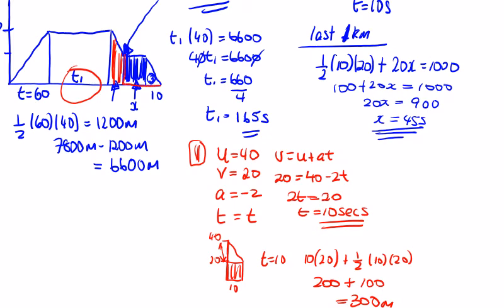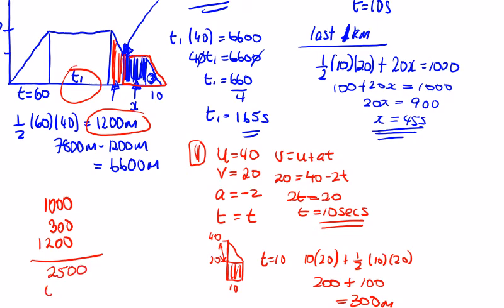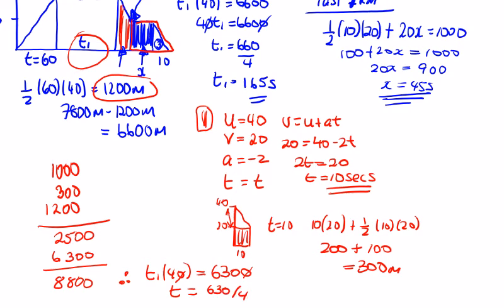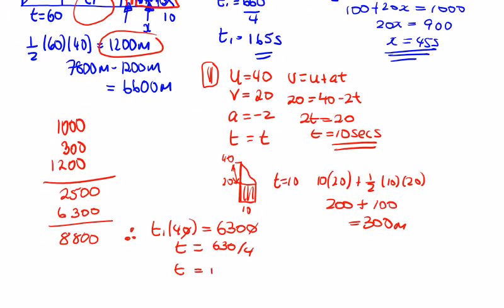The last 2 sectors was a kilometer, so that's 1,000. We just got 300 for the previous one and the 1,200 from the beginning. So that's going to give me 2,500. So that leaves me with 6,300 to give me my 8,800. So therefore we get T1 by 40 is equal to 6,300. So T1 is equal to 630 divided by 4. So that's going to give me 157.5 seconds.